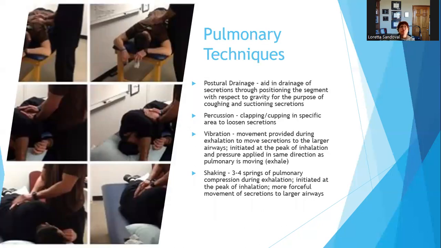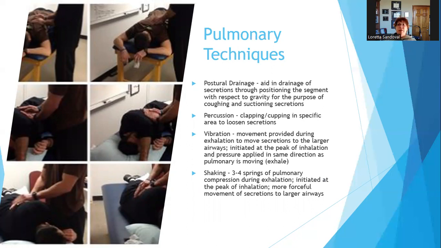So for postural drainage, really we put people in particular positions to aid in the drainage of secretions. So we want to position the segment of the lung with respect to gravity so they can cough and you can suction their secretions so they can get it out of there. And with percussion, we're clapping or cupping in specific areas to loosen secretions.